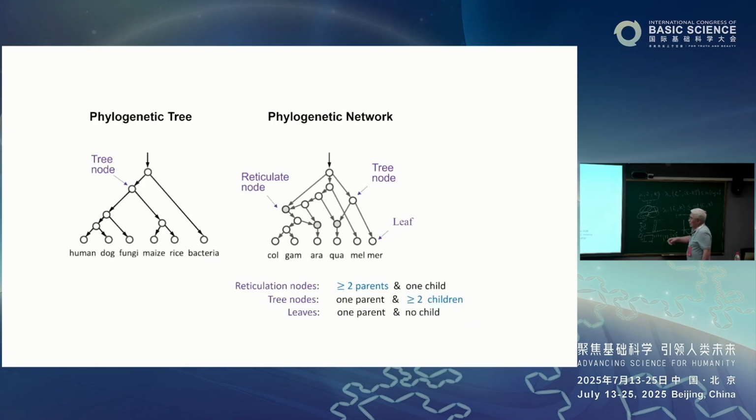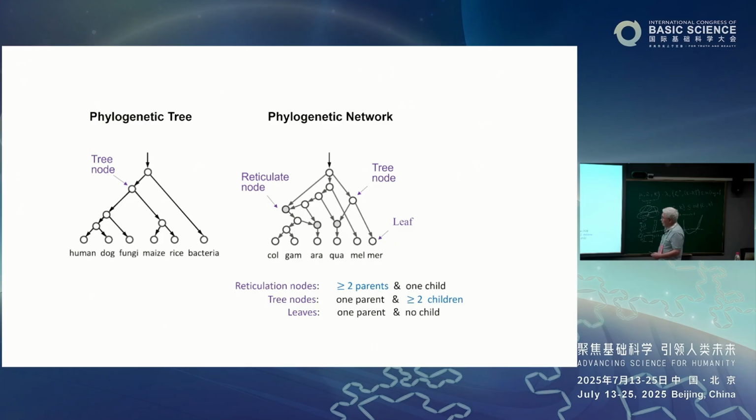Formally, this is a tree model, and this is a network model. The only difference is that in a network model there are reticulation nodes, which have two or more parents and one child.